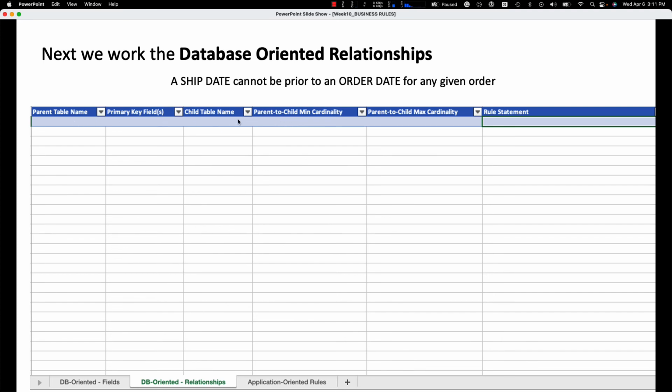Every parent has to have at least one shipment. Or are you going to let someone create an order before you have a shipment? So the minimum may be 0, but then how many children can you have for each parent? You may make a rule that you're never going to let anybody ship more than 10 shipments for an order. But that's a business decision you make. And then a rule statement, just text: what is it that you're trying to do with this rule?